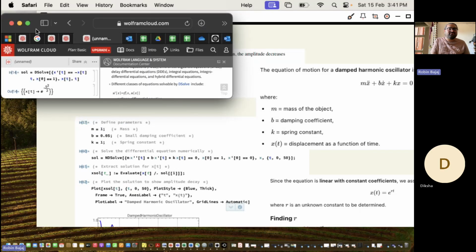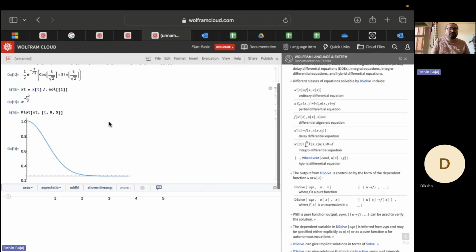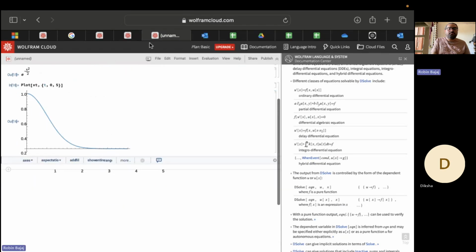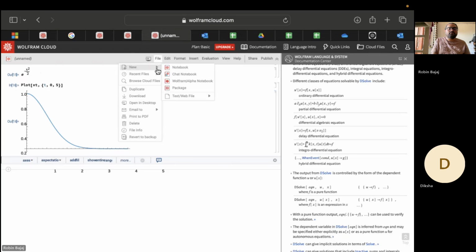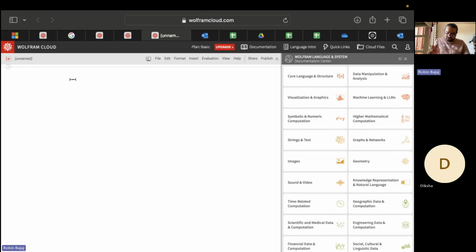So let's do that. What you really need to do is solve the differential equation. Before that, let me define some parameters.